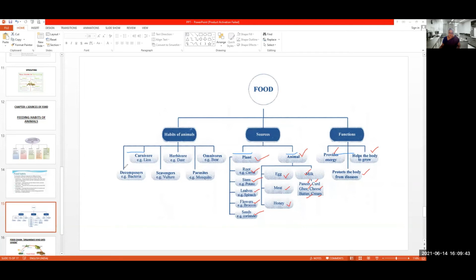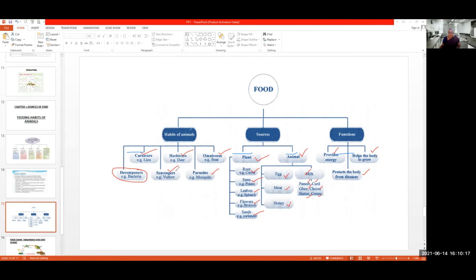Now, habits of animals: carnivore, herbivore, omnivore, parasite, and scavengers. What is this called? Decomposers. It is one of the exceptional cases. Here in the soil we have many microorganisms, and those microorganisms will eat the dead organisms, like the leftover things after the scavengers.